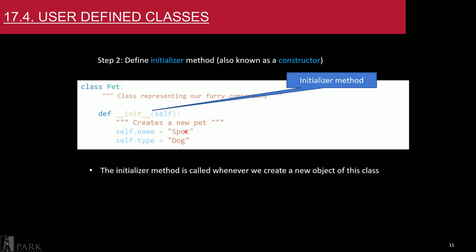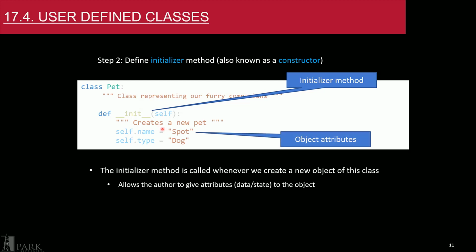By defining an initializer method, it allows us to give our data or state to the object. Remember, we talked about objects being state and behaviors, or data and methods. Well, this is the data that belongs to our pet object.